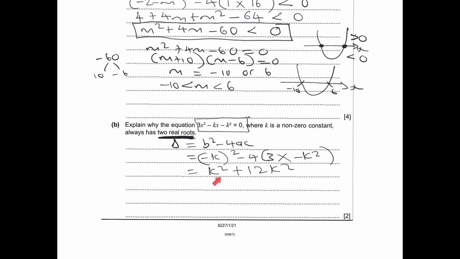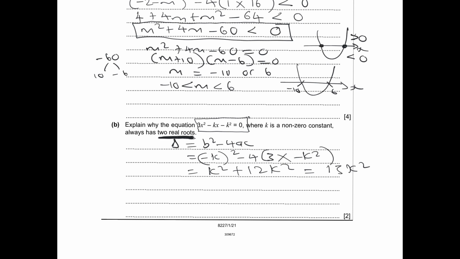Now, remember, this is a square. A square is always positive for all the values of k. The same also for this part here. So 12 times a positive, we'll get a positive plus this positive. Now, but remember, k squared plus 12k squared, we are going to get what? 13k squared. So we have to deal with this one here.